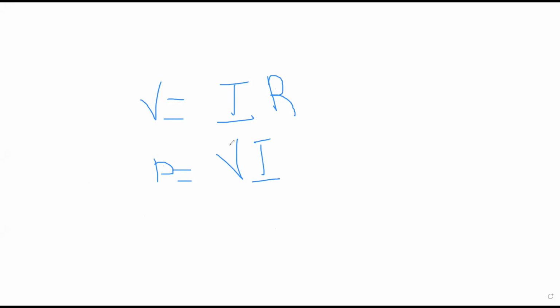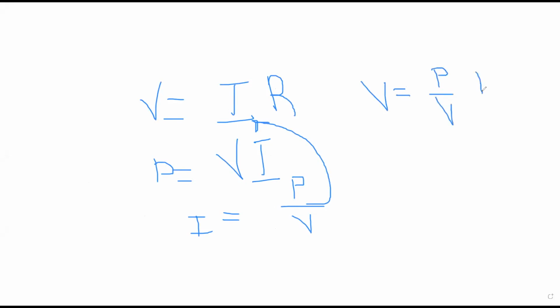So we substitute in for I. I is equal to P over V. Sub that in for I. Then you've got V is equal to P over V times R. So we know R is equal to, if you cross multiply, flip the second and cross multiply, right? You're going to have V squared over P.